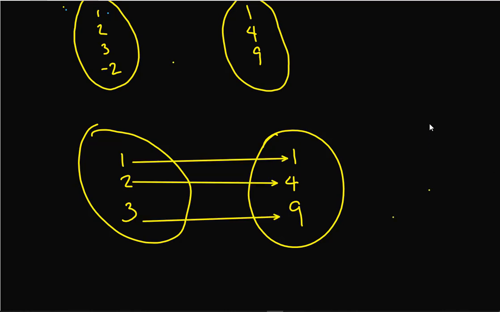Okay, now, this is y equals f of x equals x squared. So what would be the inverse of this? For example, what function will take 4 to 2, 9 to 3, and let's suppose we had 5, that would have gone to 25.